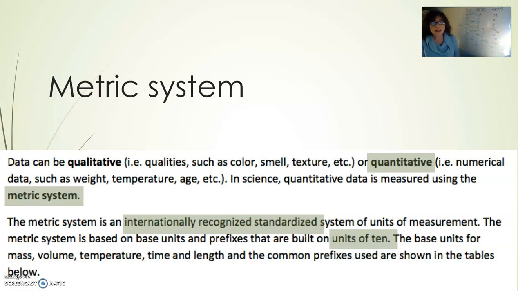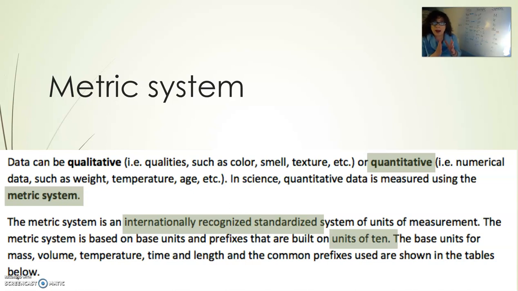We are using it to measure quantitatively or numerically things like weight and time and length and height and temperature. We are combining that quantitative data with qualitative data that is more subjective for color and smell and so forth.